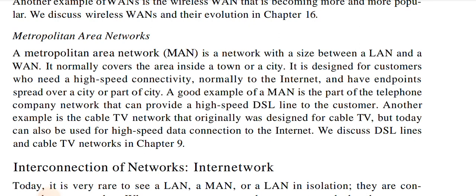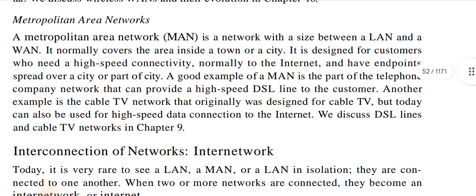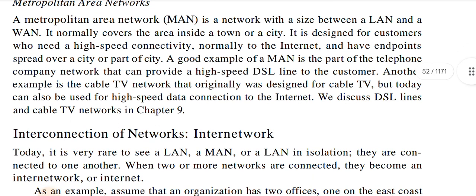A good example of a MAN is the part of the telephone company network that can provide a high-speed DSL line to the customer. Another example is the cable TV network that was originally designed for cable TV, but today can also be used for high-speed data connection to the Internet. We discuss DSL lines and cable TV networks in chapter 9.